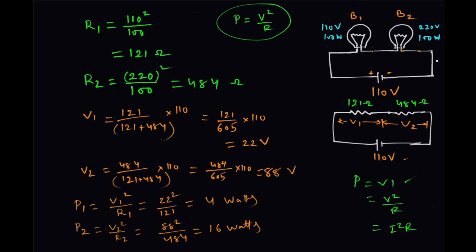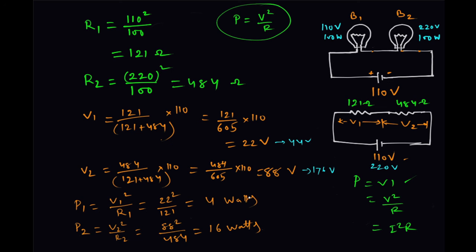If it will be 220 volts, then V1 will be how much? It will become 44 volts, and this will be 176. These voltages will be twice the previous ones, because if this voltage is increased by 2 times, then the voltage across this will also be increased by 2 times.